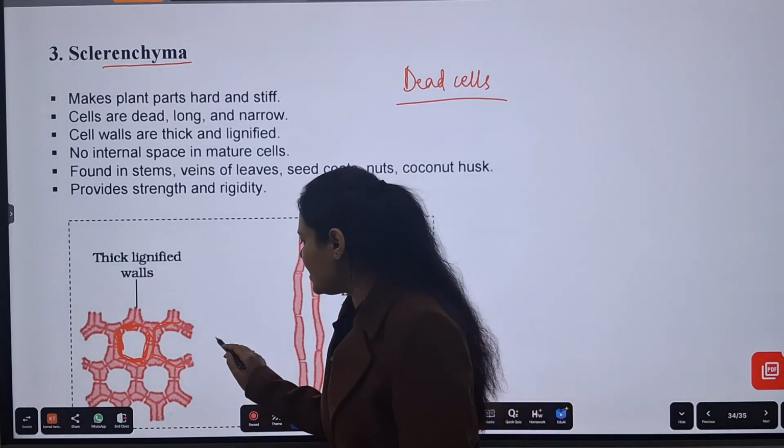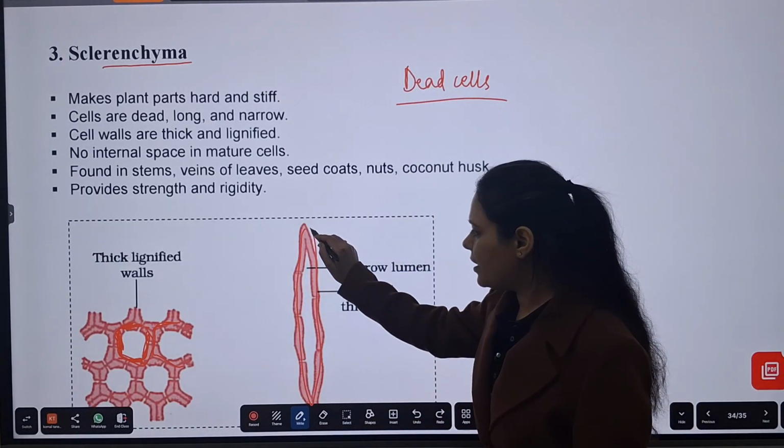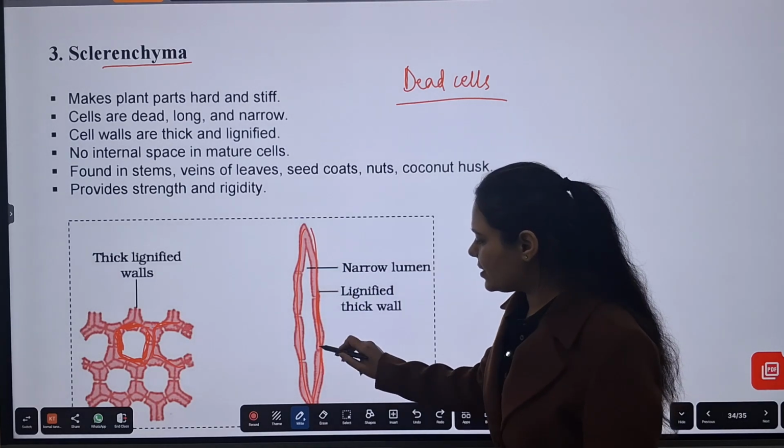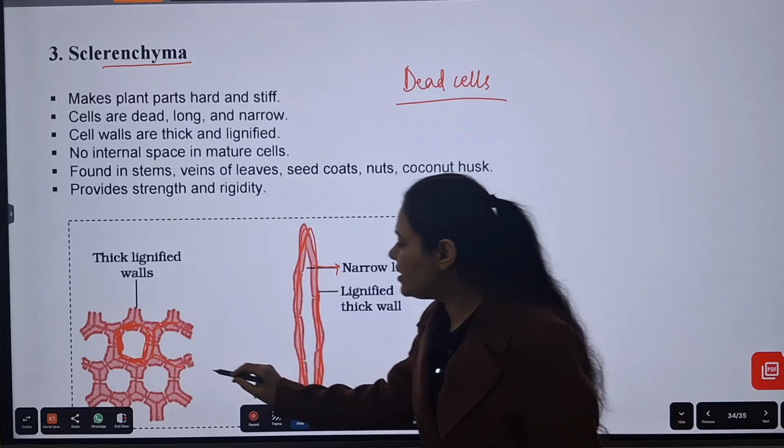And if we see these cells in longitudinal section, they look elongated, very long, and they have thickenings on their cell walls, making the lumen very narrow.